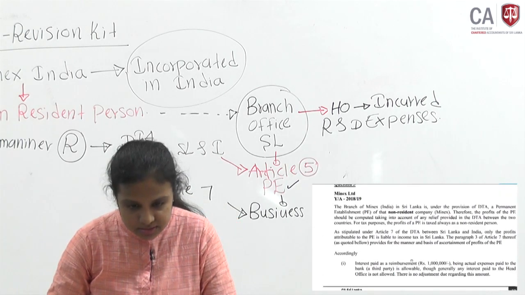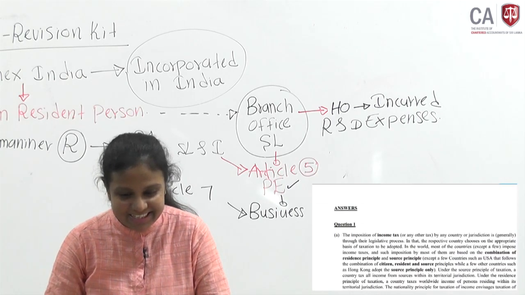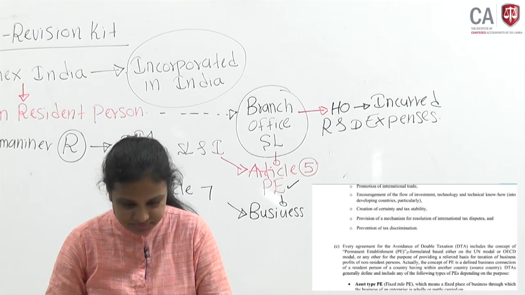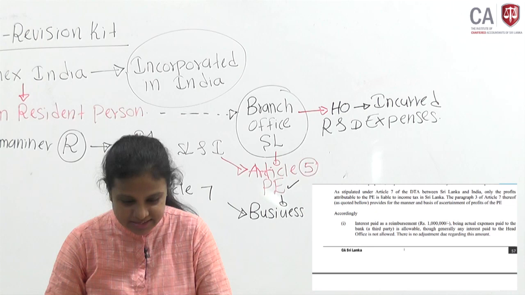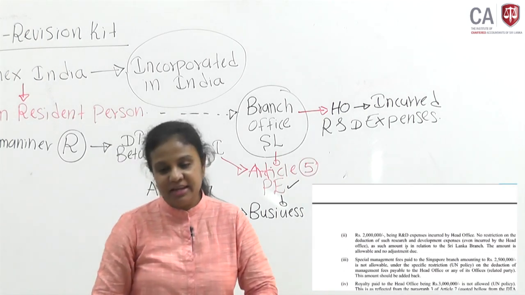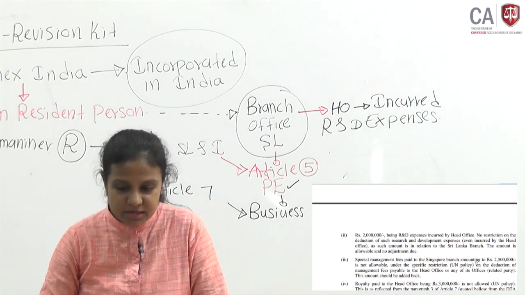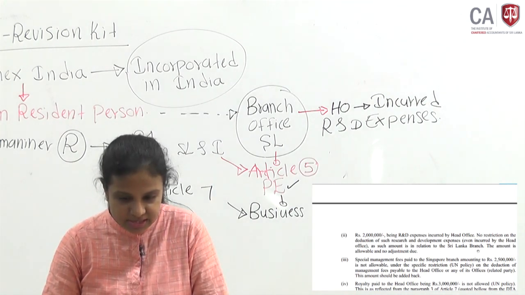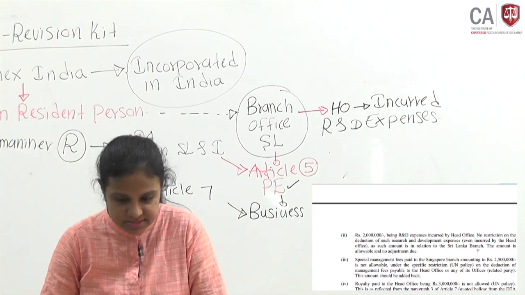We will go to the question and discuss. Here, 2 million being R&D expenses incurred by head office. There is no restriction on the deduction of such research and development expenses.